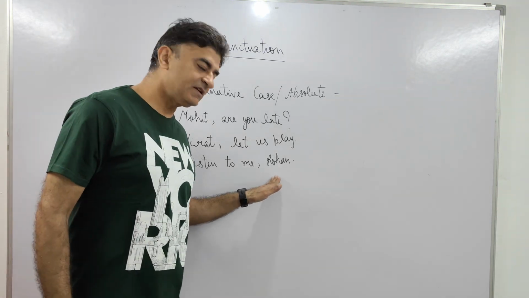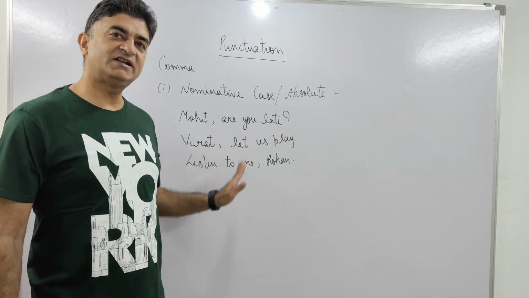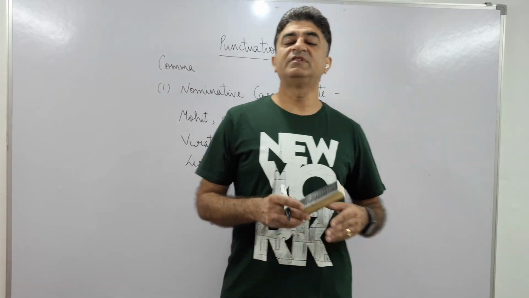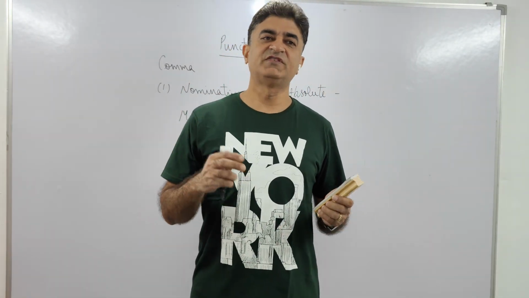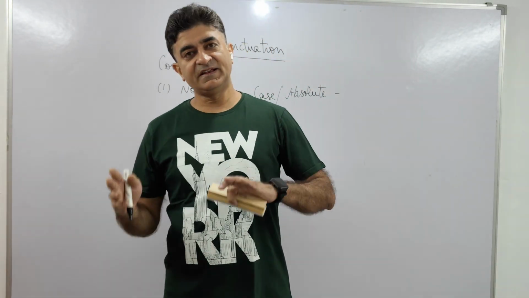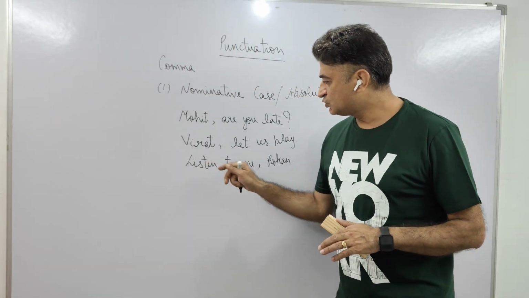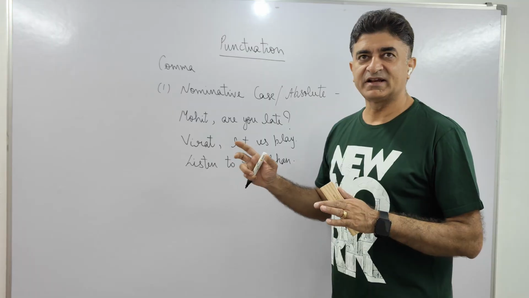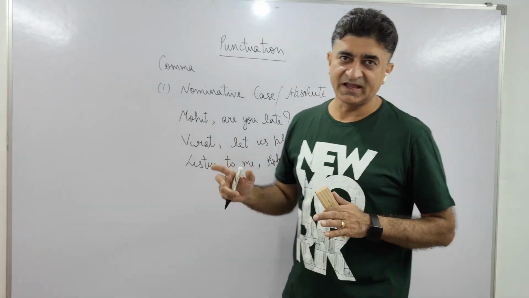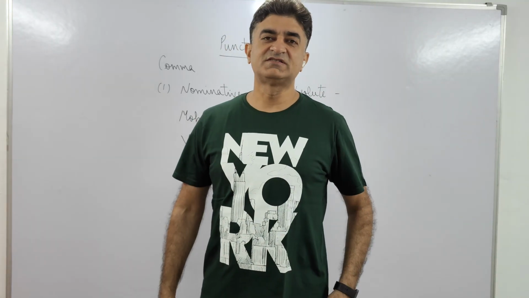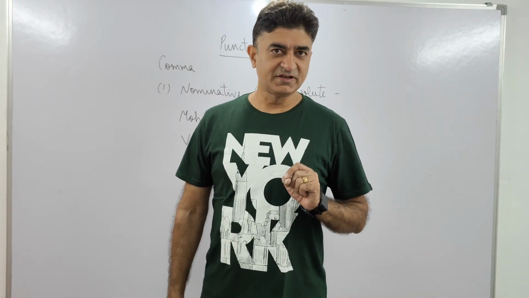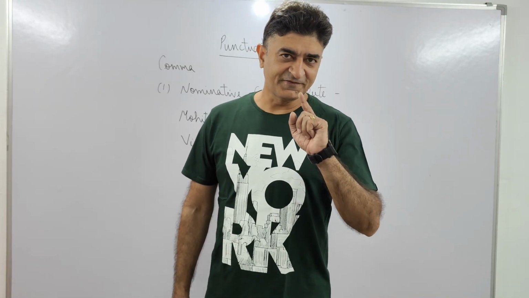So whom are we saying? Rohan. So we spoke the sentence and then wrote the name. So when we are especially calling out someone for mentioning something, then we are supposed to use a comma. Okay? That is, we are nominating, specially calling someone. So when we are specially calling someone, we are supposed to mention the name. Understood? The first rule of comma.